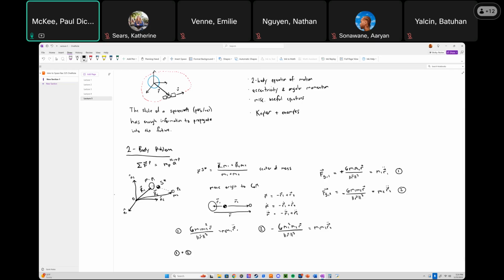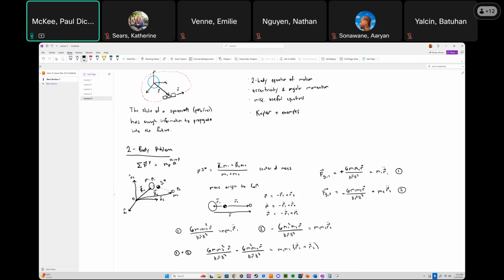In this case, it's going to be G m1 m2 squared r over r cubed minus G m1 squared m2 times r over the norm of r cubed is equal to m1 m2 times r1 double dot plus r2 double dot.